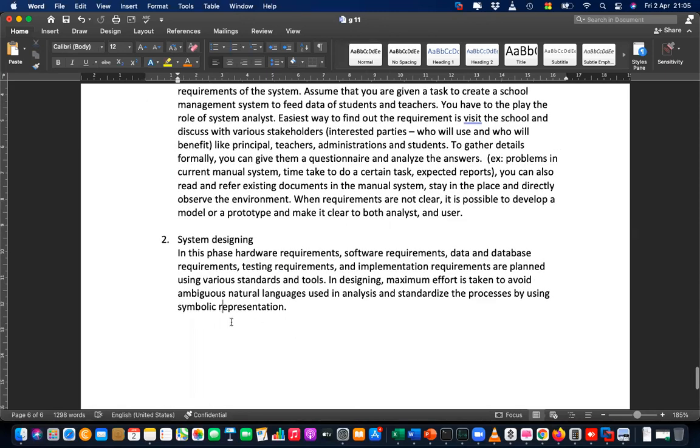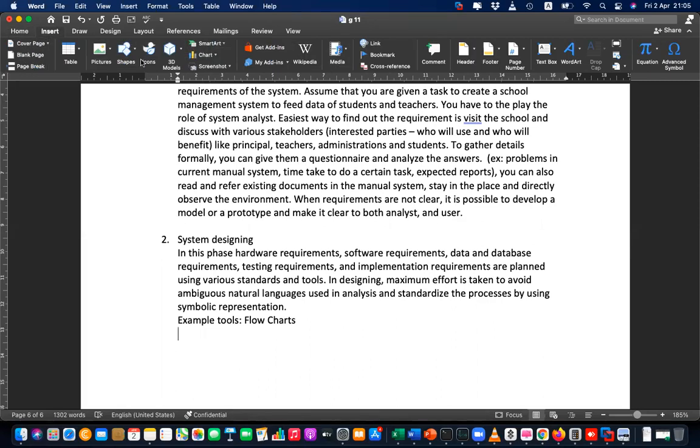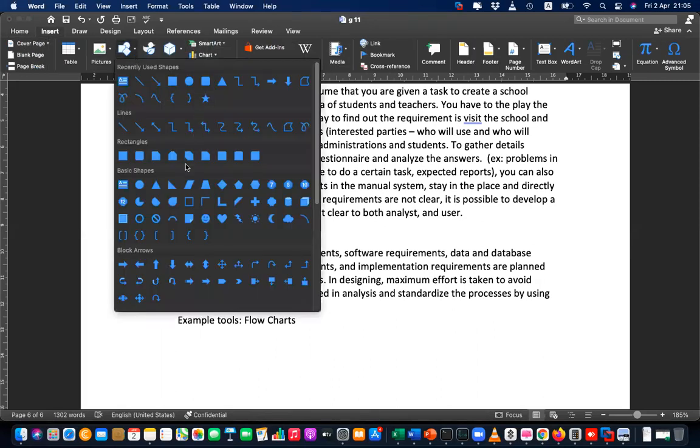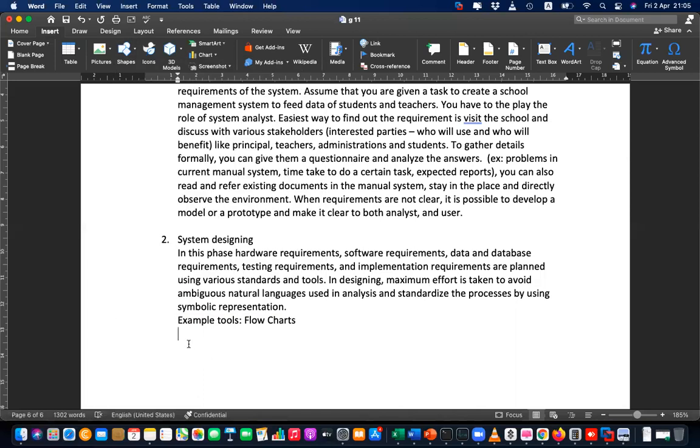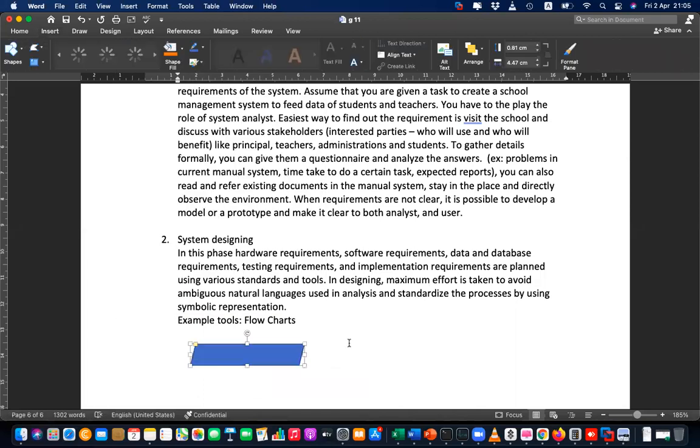But with symbolic representations like flowcharts, for example, if you see this kind of symbol in a flowchart, the meaning of that symbol is input or output.